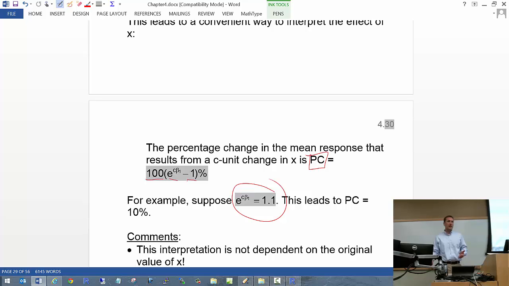So for a c unit increase in x, I have a 10% increase in the mean. So then this is the formal interpretation. The percentage change in the mean response that results from a c unit change in x is PC.